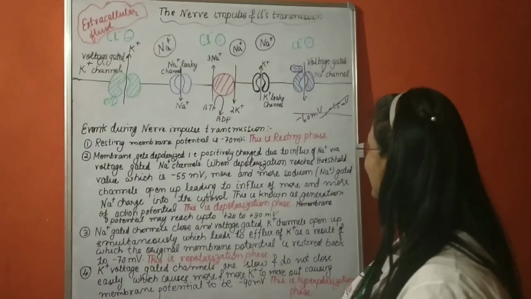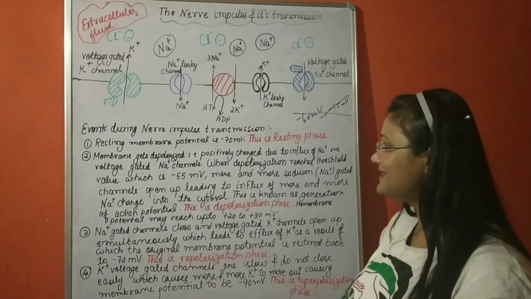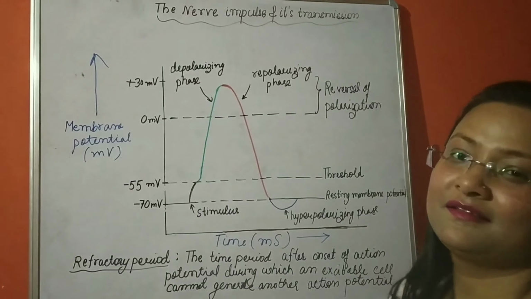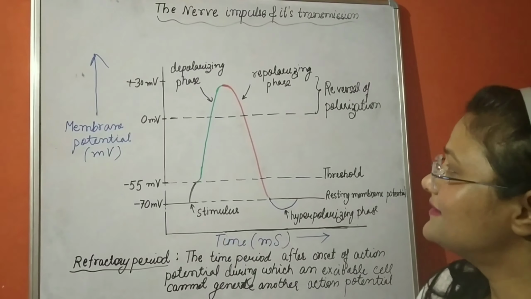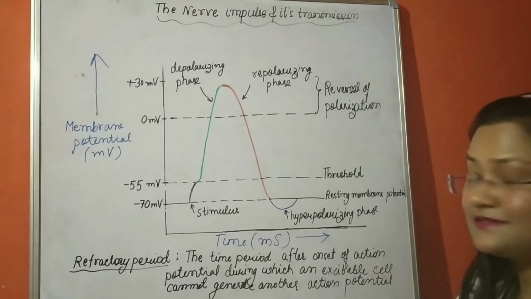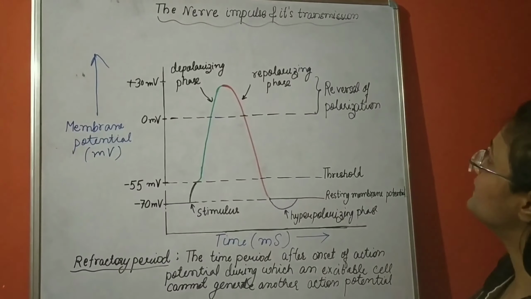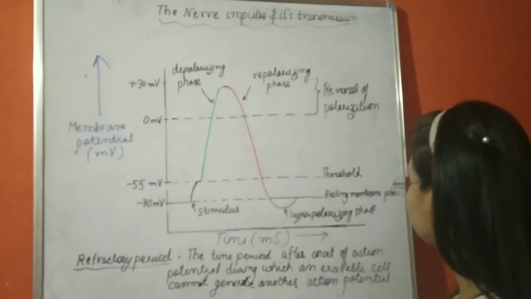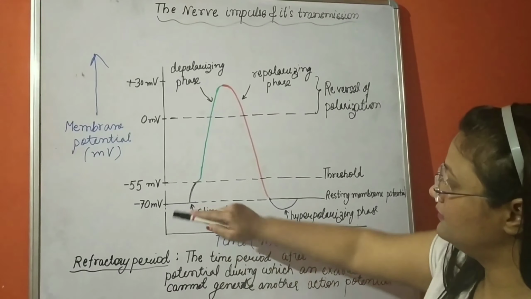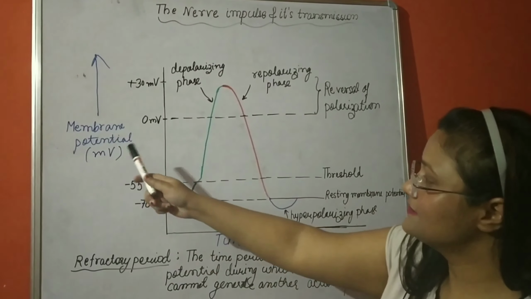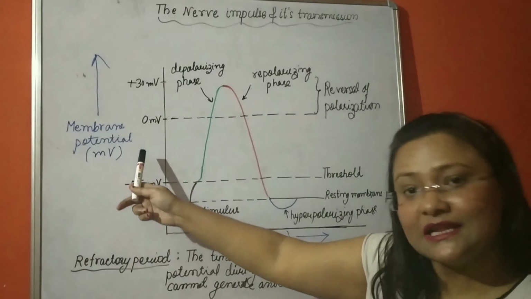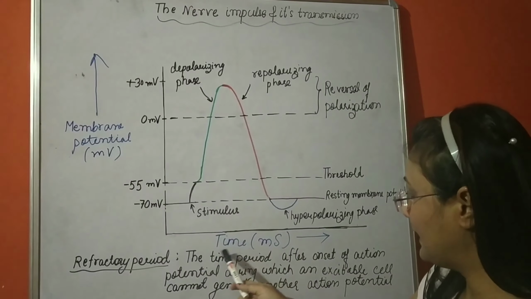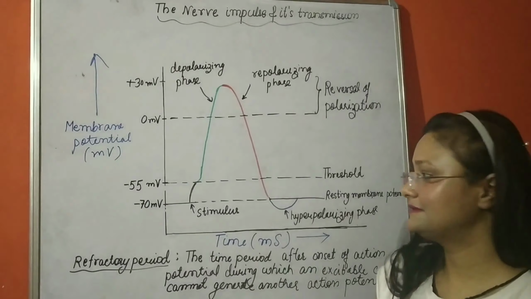Now let us understand how exactly all these phases look like in a graph. Now let us understand this graph which depicts all the phases which occur during nerve impulse transmission. The y-axis is depicting membrane potential in millivolts, and the x-axis is depicting time in milliseconds.